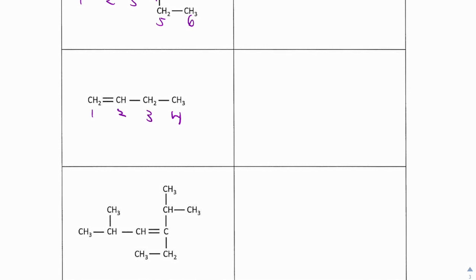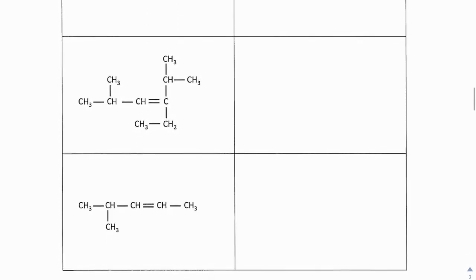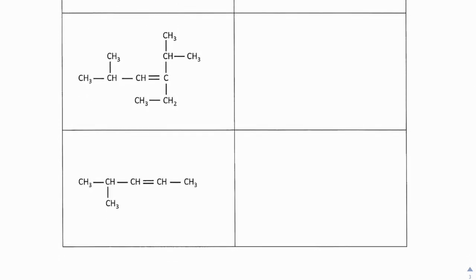But let's say if I just wrote butene, how would you know there is a double bond in carbon 2, 3, or 4? How would you know? Well, you can't. So I will just indicate that there is a double bond here at the carbon 1 atom. Cool? The reason why I put 1 here is because I'm indicating, hey, at 1 I'm doing a double bond. Hence it's a butene.